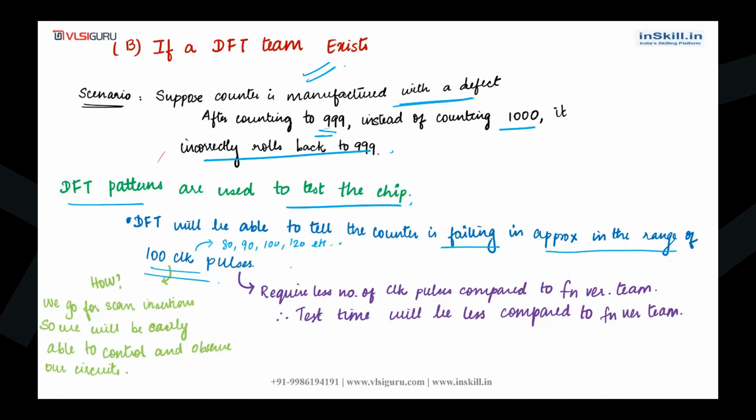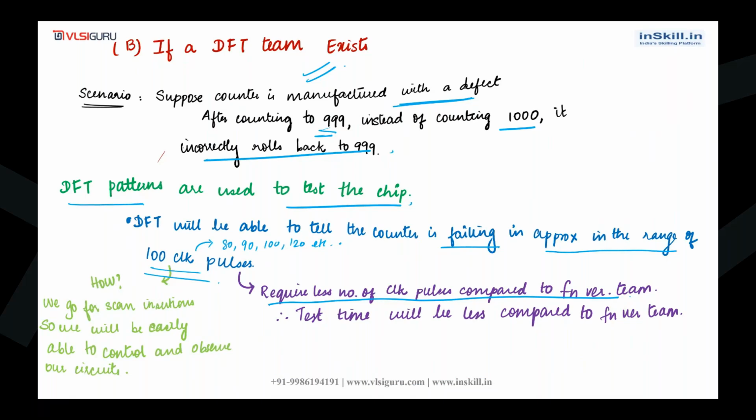So if you see, with the DFT team we actually require fewer clock pulses as compared to the functional verification team. If you remember, the functional verification team requires more than 1000 clock pulses to tell that the counter is failing, whereas with the DFT team we are able to tell that the counter is failing in approximately 100 clock pulses itself, like 80, 90, 100, 120.